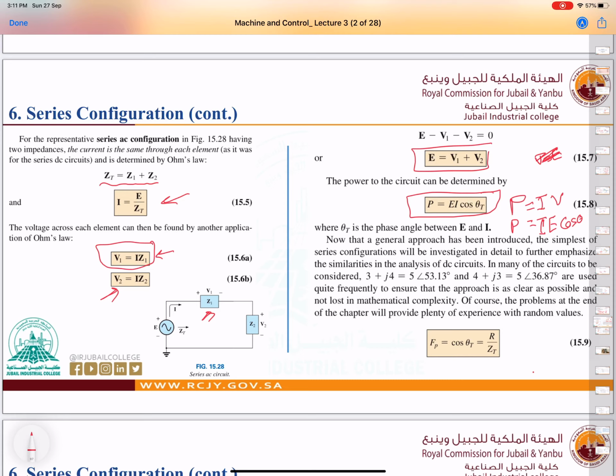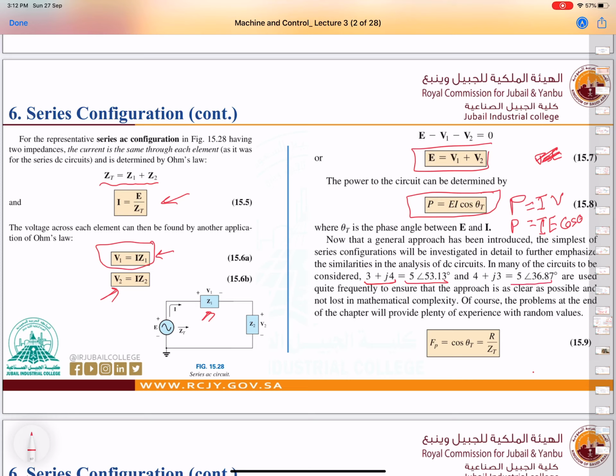Now this is how I told you. If the value in many circuits to be considered, 3 plus j4 is the magnitude 5 with the angle 53. So this is the conversion between the two forms. Now that a general approach has been introduced, the simplest of series configuration will be investigated in detail with further emphasis on the similarities in the analysis of DC circuits.